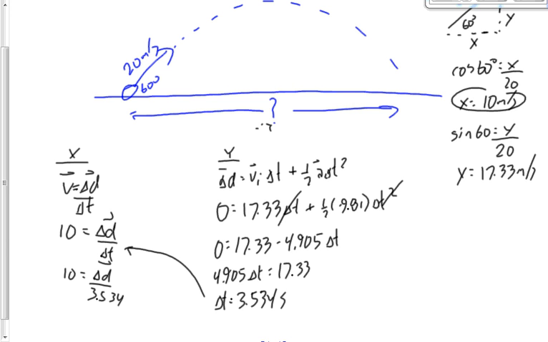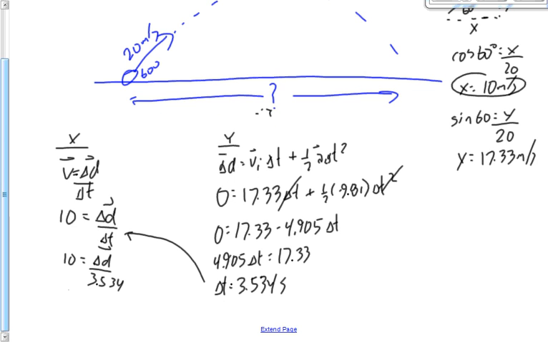We multiply 10 by 3.534, and we get a displacement of 35 meters. Just going to round it to 2 digits. 35 meters. Good?